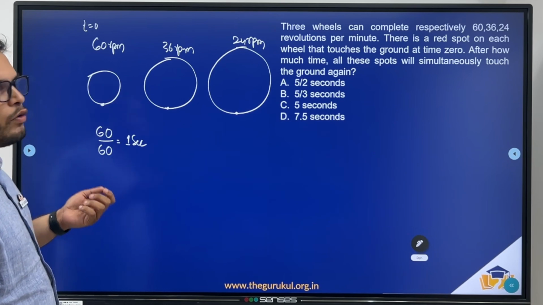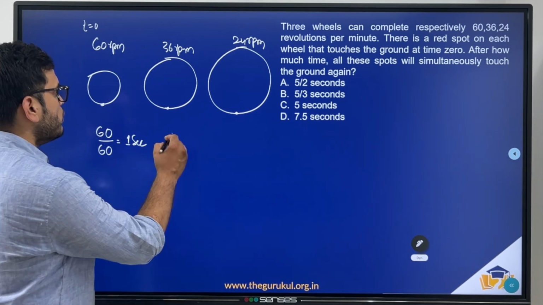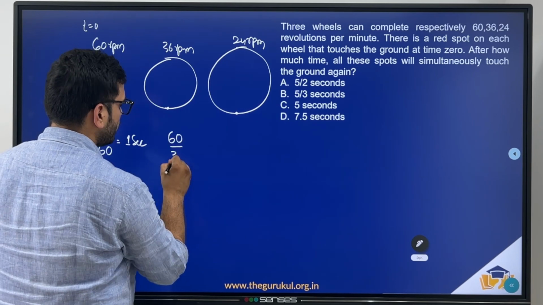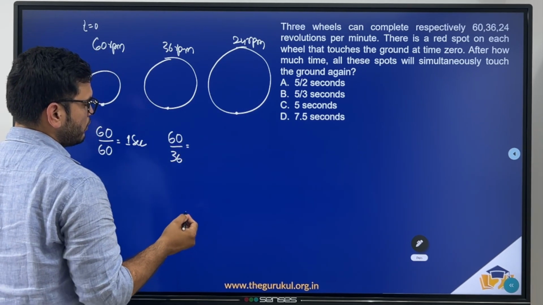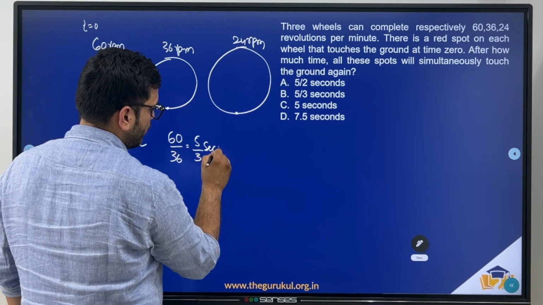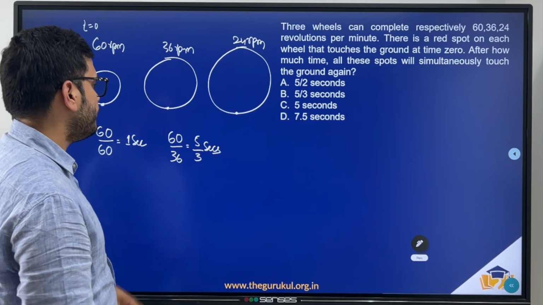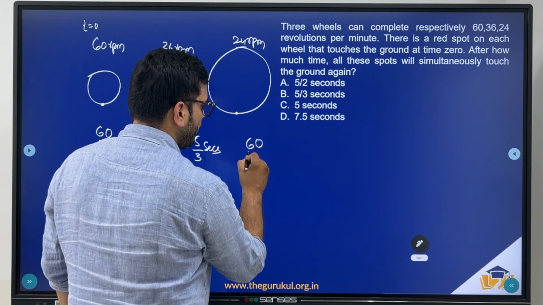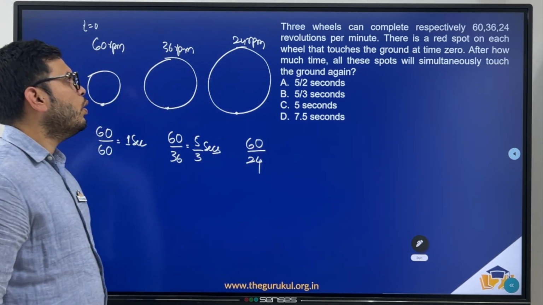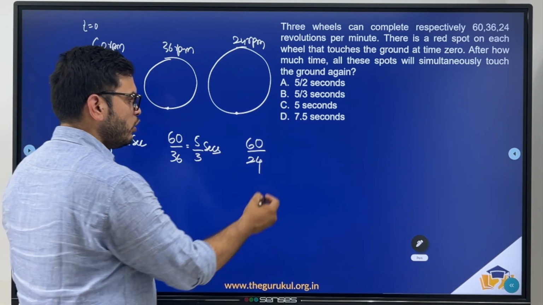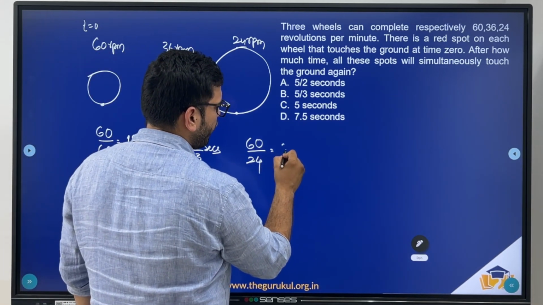The time taken to complete one revolution would be 60 by 36, which is nothing but 5 by 3 seconds. And 24 RPM. The time taken to complete one revolution would be 60 by 24, that would be 5 by 2.